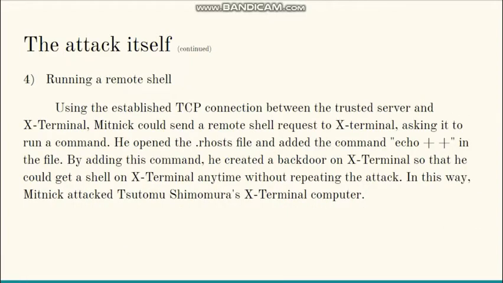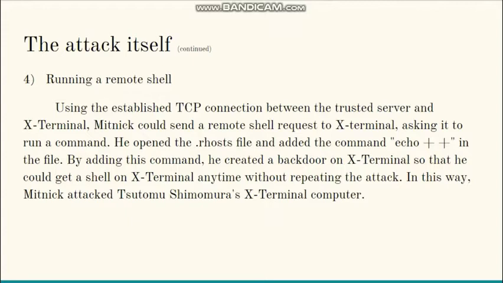Then he ran a remote shell and used the TCP connection between the trusted server and the X-terminal. Mitnick was able to send a remote shell request to Shimomura's computer and ask it to run a command. Then he opened specific files like the rhosts file and added a command where he wrote echo ++ to the file.